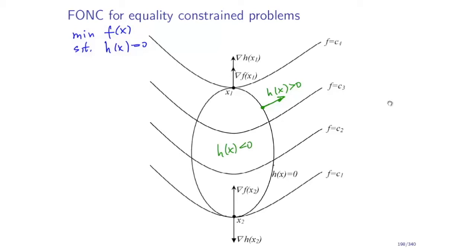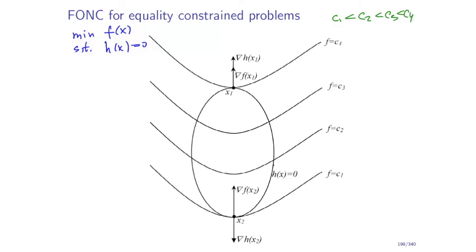All right. So now, similarly, we can actually find out the order of values c1, c2, c3, and c4 given here. If we look at where the gradient of f points, the gradient of f points in this direction, right? So it means that the function is increasing as we move in that direction. Therefore, we can see that c1 is less than c2, less than c3, and less than c4.